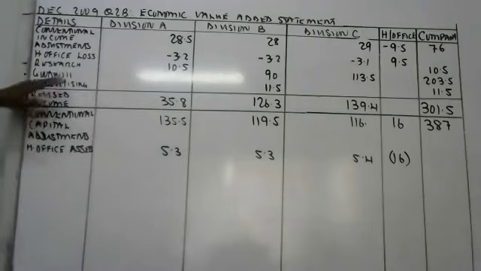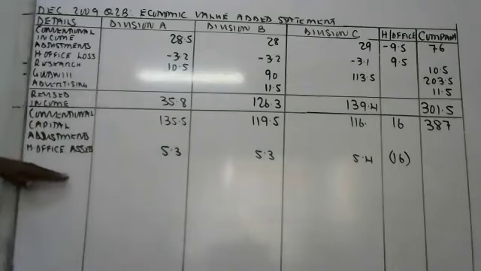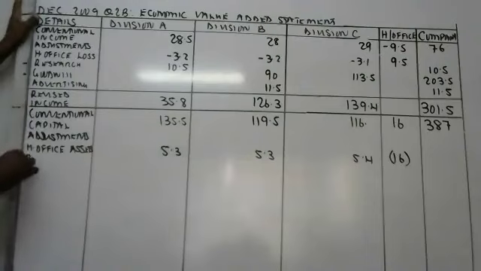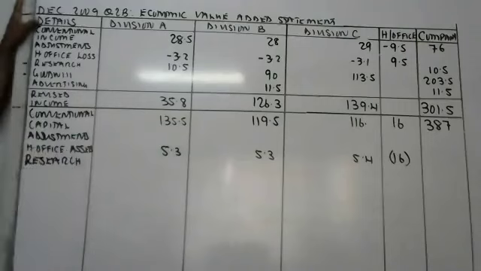These adjustments also come here to the capital. Because research, in FR, is supposed to be a current expense. But here in EVA, we say we should capitalize it. So when you capitalize it, it goes to the balance sheet, or the statement of financial position.